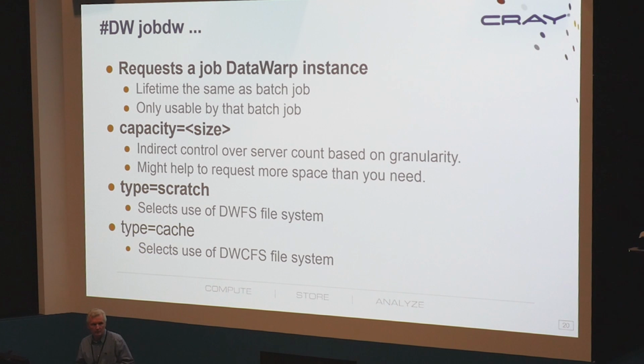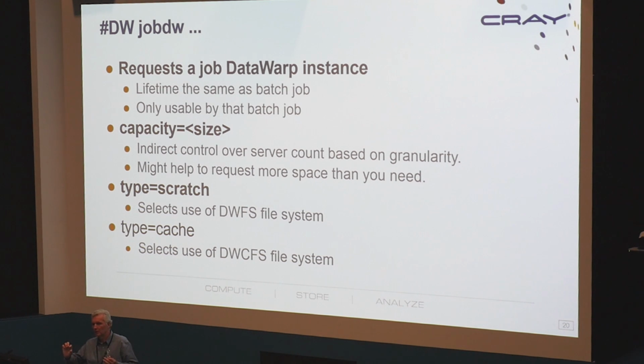Some examples of configuring a job with DataWarp. Basically, you request DataWarp services, you specify how much capacity you think you're going to need, and that's key to the number of DataWarp nodes that get allocated.